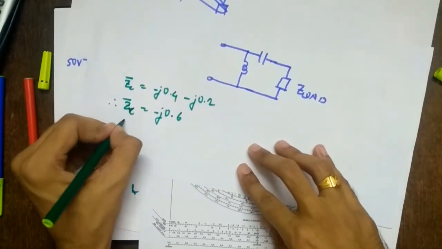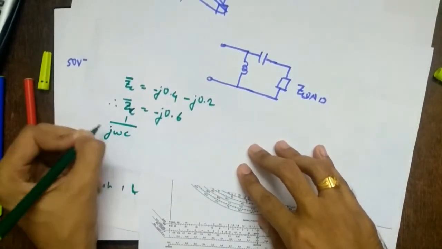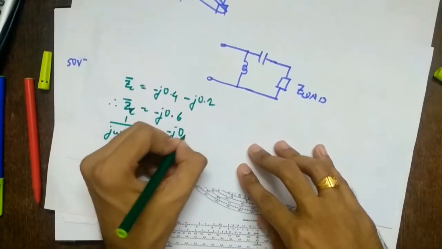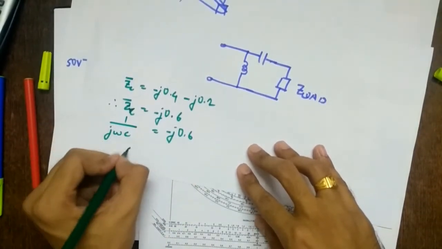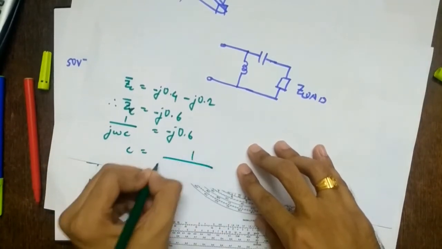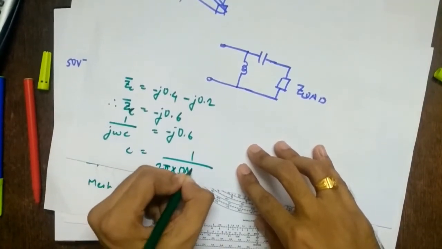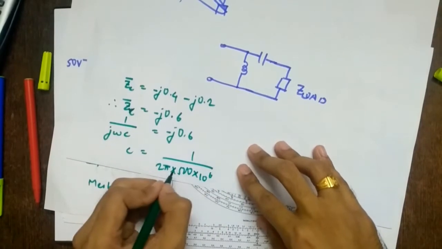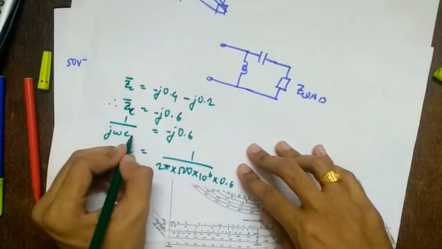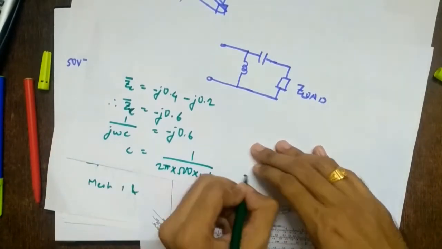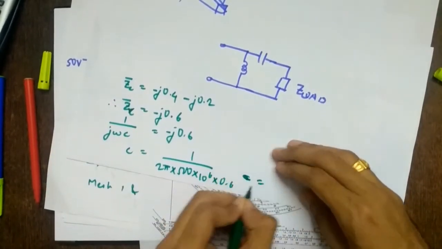So ZC bar is 1 upon j omega C equal to minus j0.6. This is also minus j, so this will get cancelled. So C will be 1 upon 2 pi into 500 into 10 raised to 6 into 0.6.